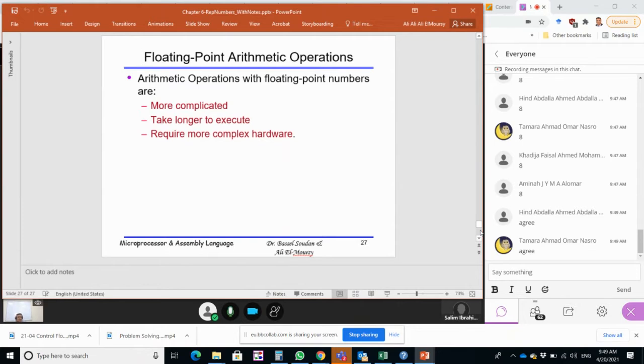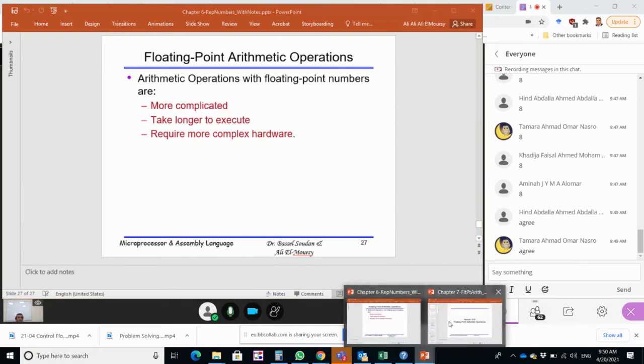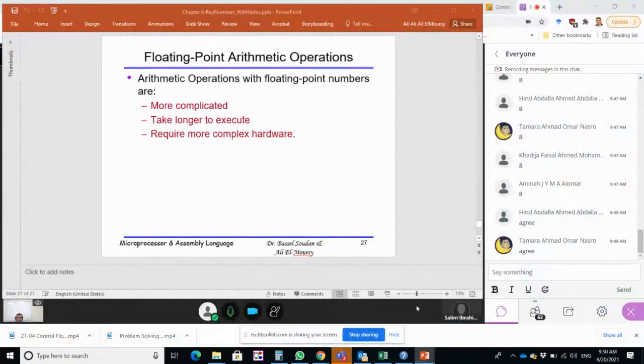But multiplication and division need one full class to explain how to build hardware that can do floating point multiplication and division, which is out of our scope. We will take addition and subtraction just as an example to demonstrate how things can be done in floating point, to make the idea much clearer.